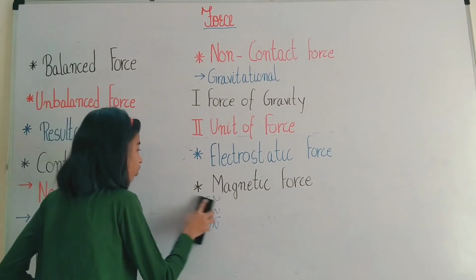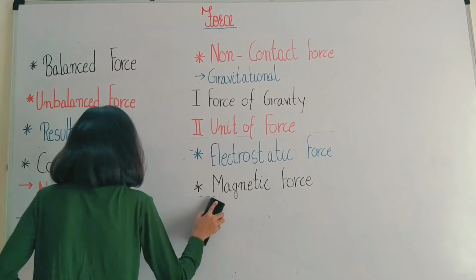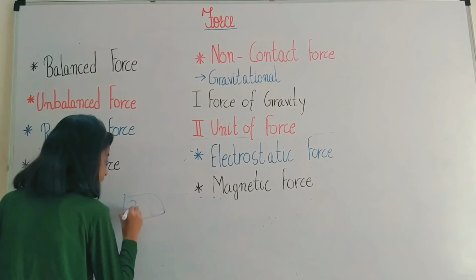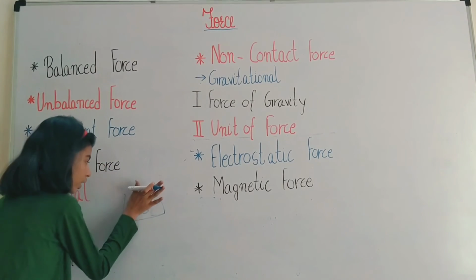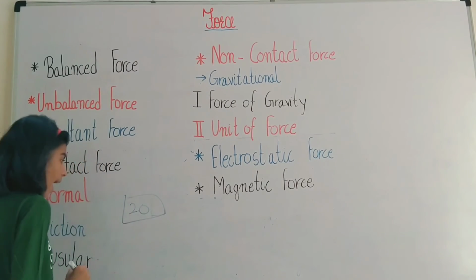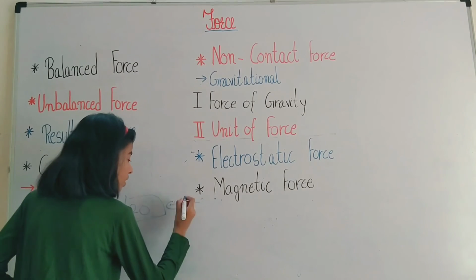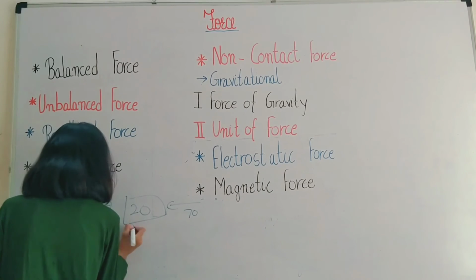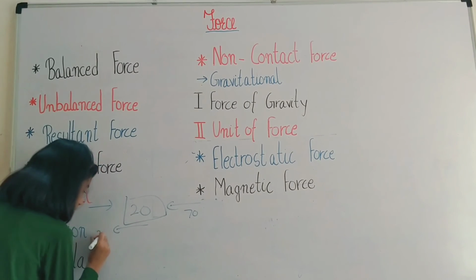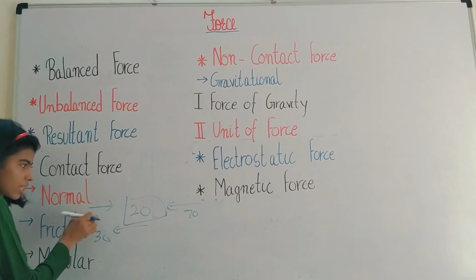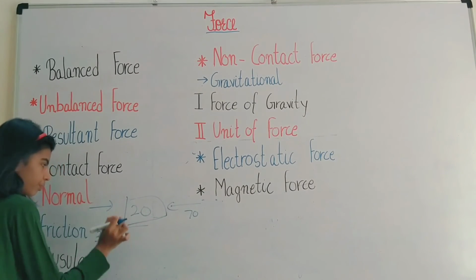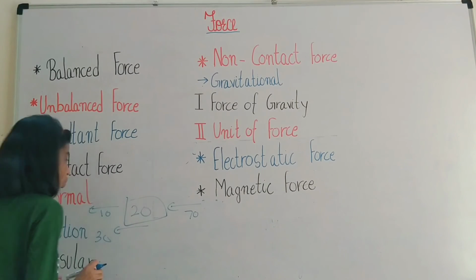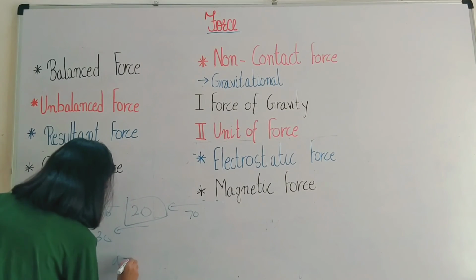So friends, the next question is that the mass of an object is 20 kg, and the force is 70 Newton, and in this direction we have the force due to friction, which is 30 Newton, and a force is applied in the same direction, which is 10 Newton. We have to find out the acceleration.